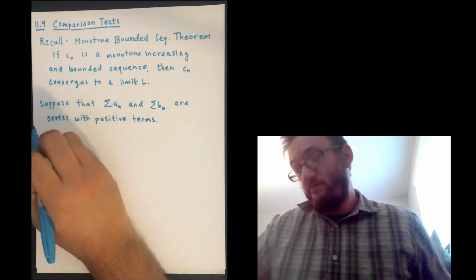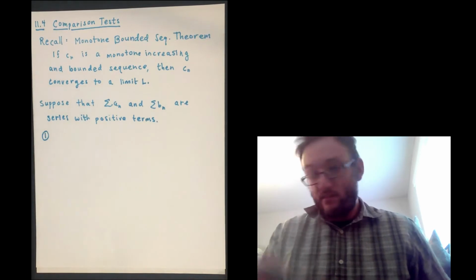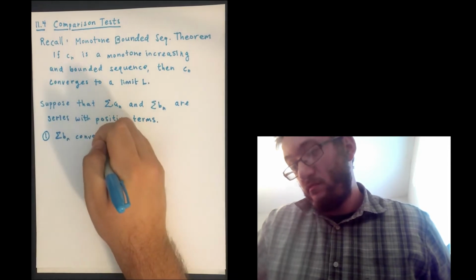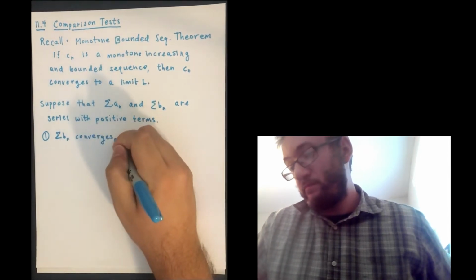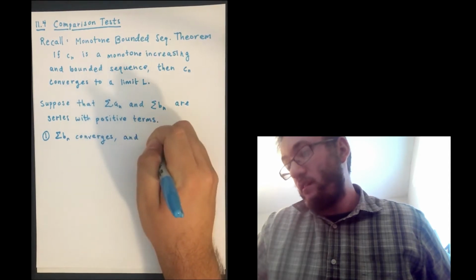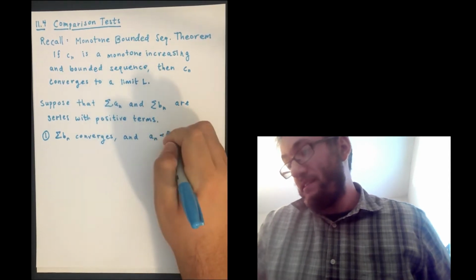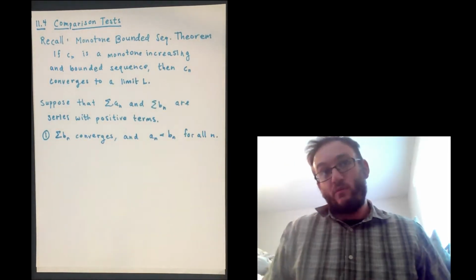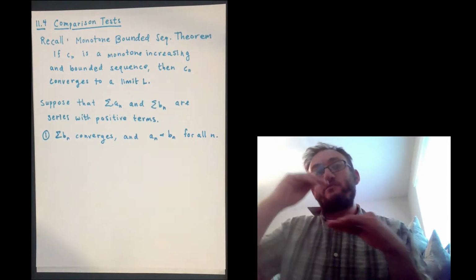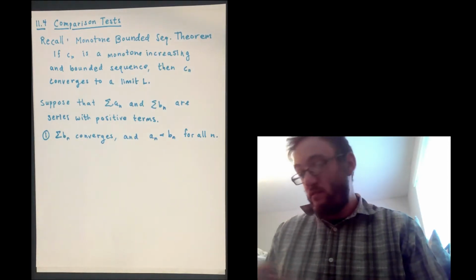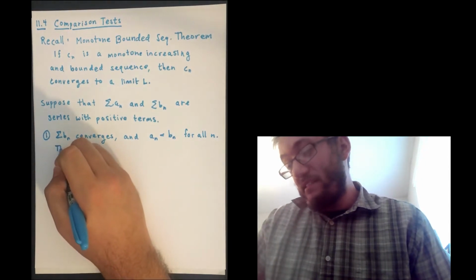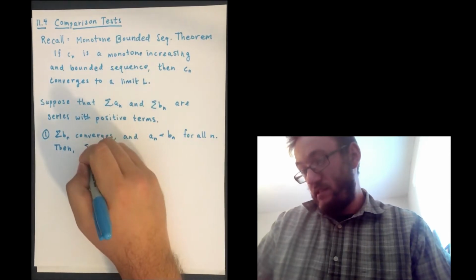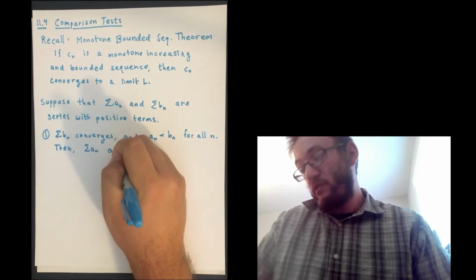The first situation is that the series Bn is convergent, and An is less than Bn for all n. Okay, so all of the terms of the A series are smaller than the terms of the B series. Okay, in these circumstances, the series An also converges.